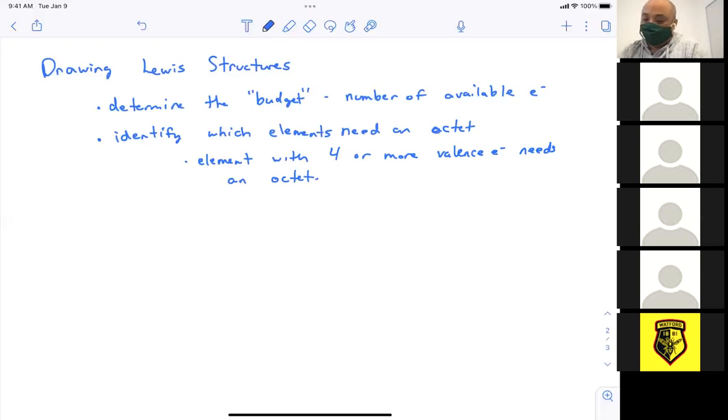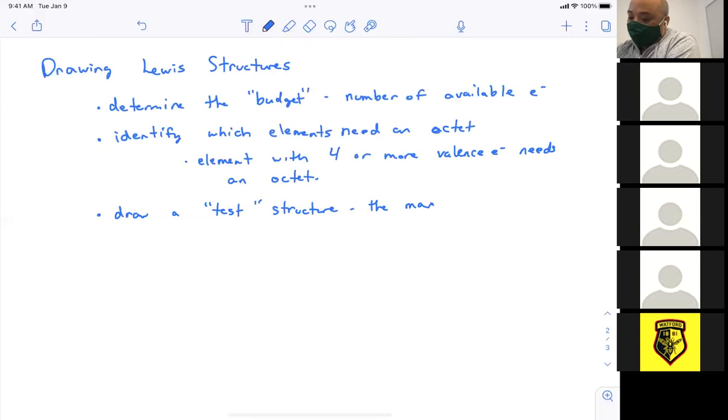Okay. And lastly, what you do is you draw a test structure. Sorry, let me rephrase that because I can see how it would be confusing.